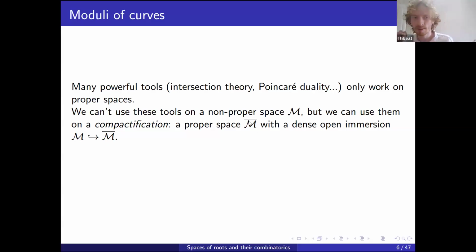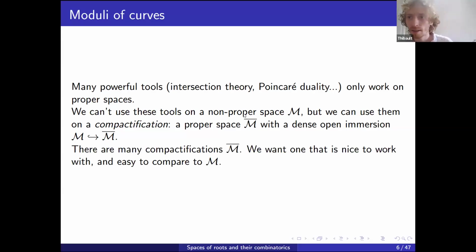And this means put M inside M bar via a dense open immersion. There's many ways to do that usually, but we want one that is not too ugly. We want to still be able to understand M bar. So we want it to keep as many of the good properties of M as possible.